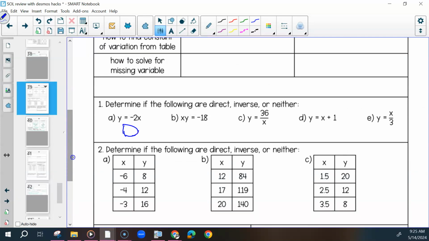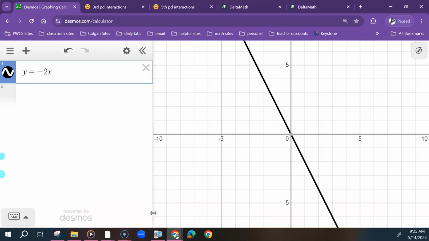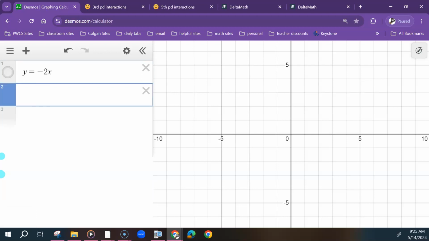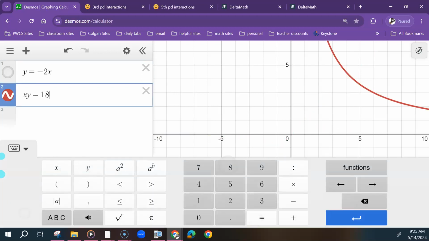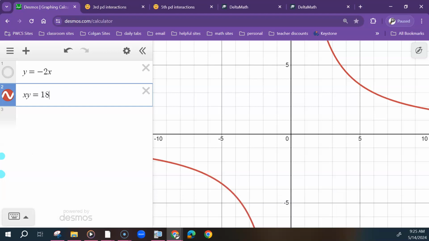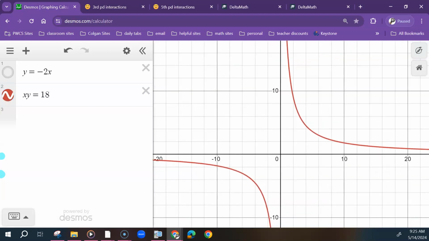For the equations, if you remember that x times y equals k is inverse, it would be inverse from that, or you can put in the equation. And you'll get this hyperbola. When you see that shape, inverse.